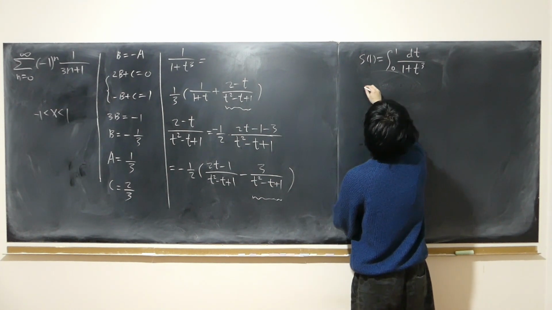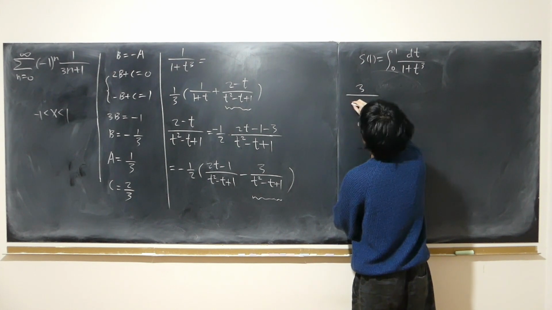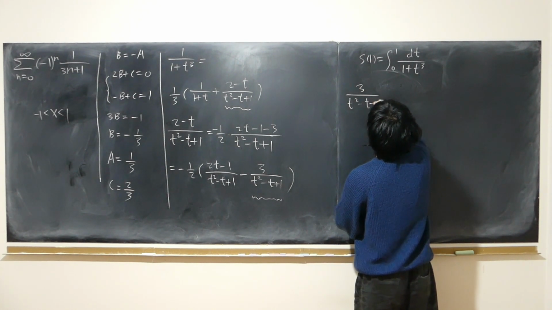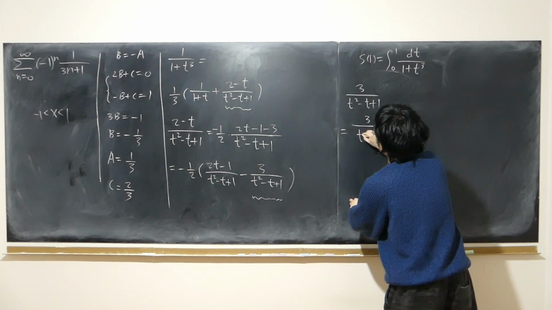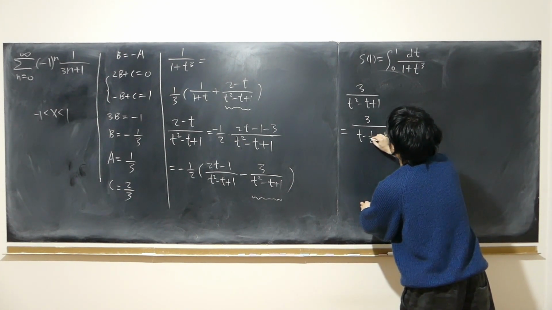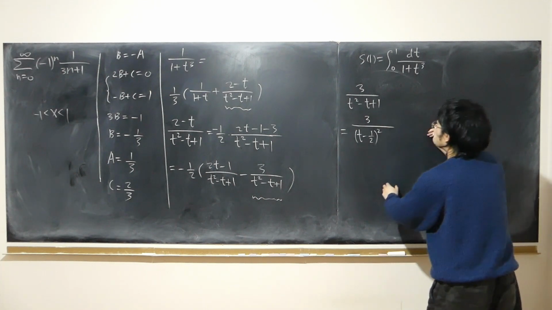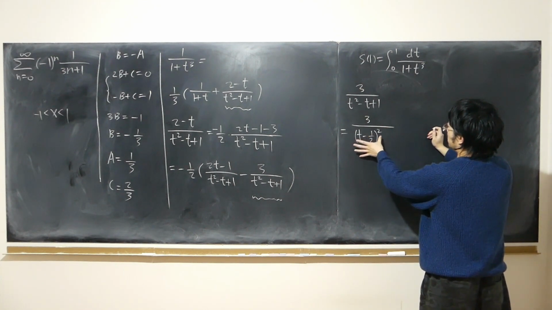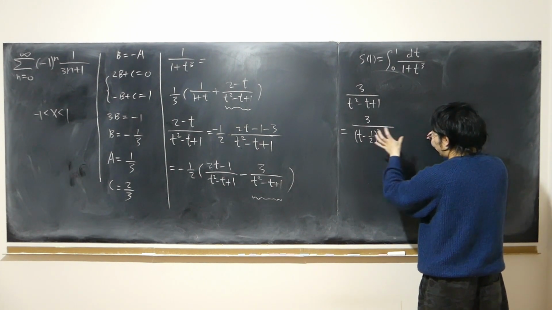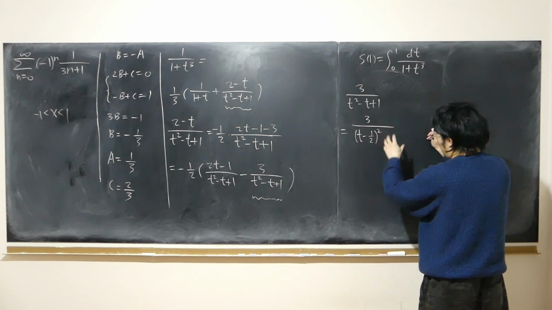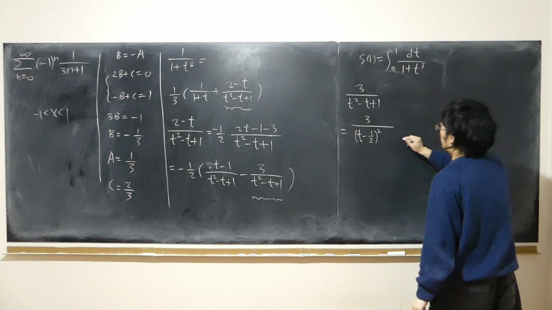So I have 3 over t squared minus t plus 1. That is equal to 3 over t minus half, squared, right? Because when I expand the square, I have t squared minus t plus 1/4, then minus 1/4, then plus 1.